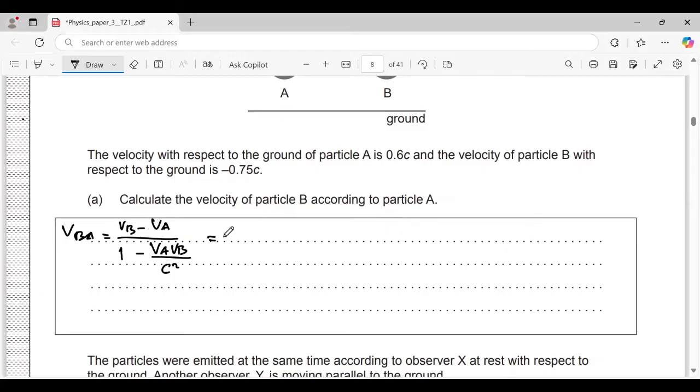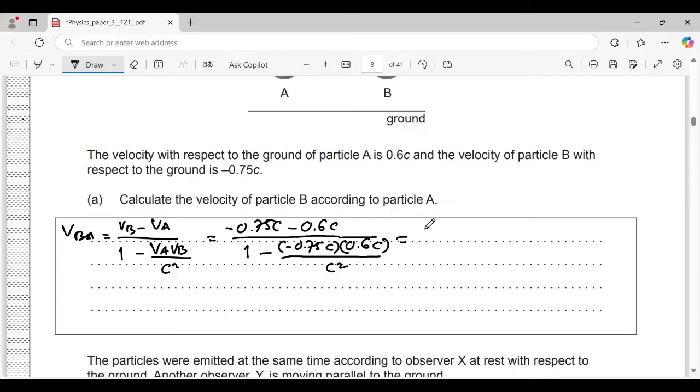VB is minus 0.75 c, minus VA is 0.6 c, over 1 minus minus 0.75 c times 0.6 c over c squared.